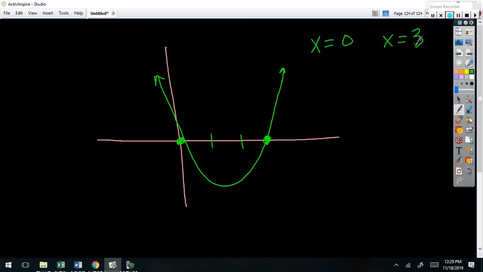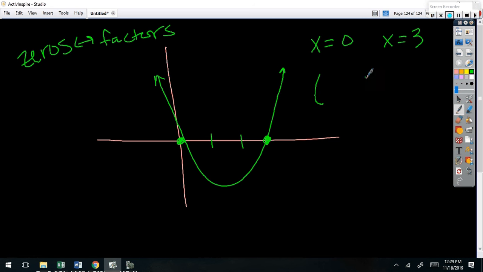Would you then agree that I could write the equation of this parabola based just on the zeros? How? If you have zeros, you also have what? Okay, what else do you have? Factors, right? Because we know that if we have zeros, in turn we have factors, and if we have factors, we have zeros.